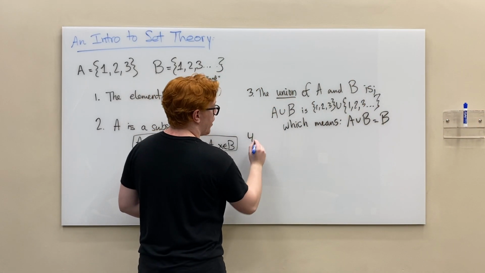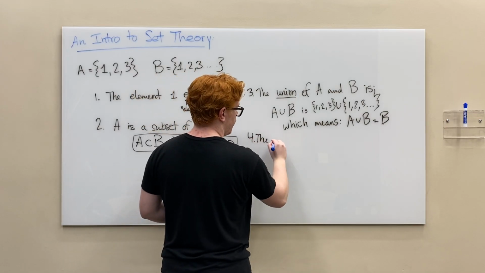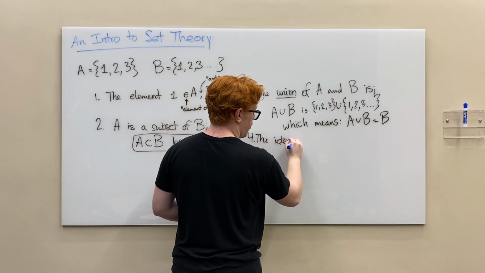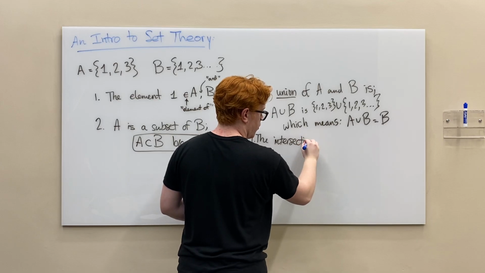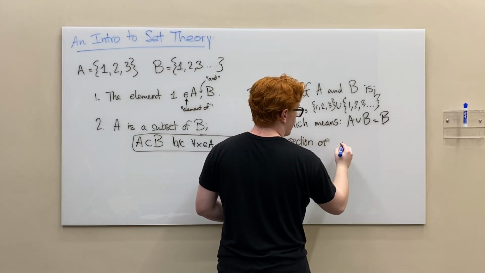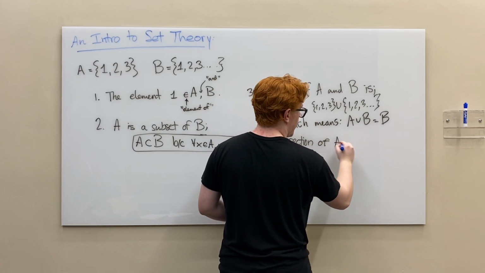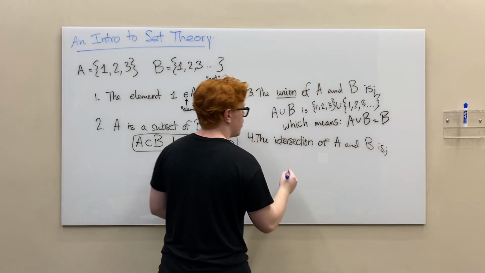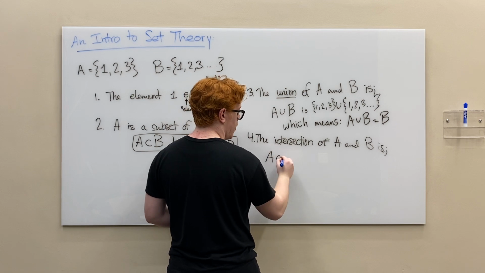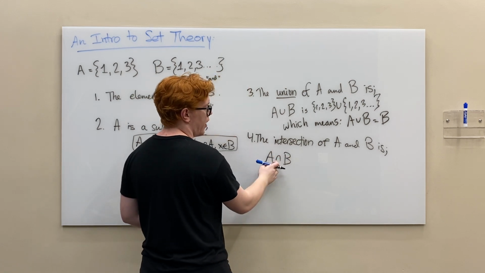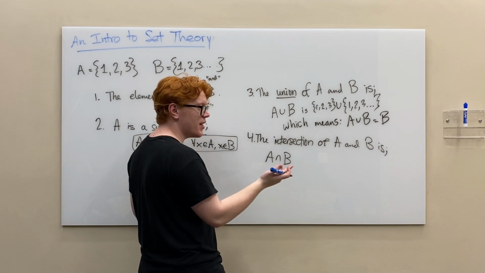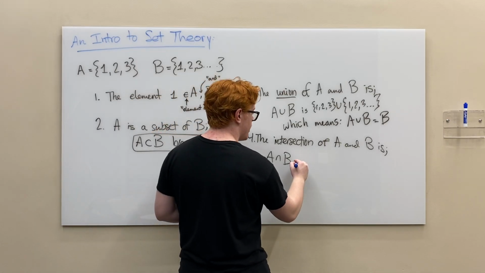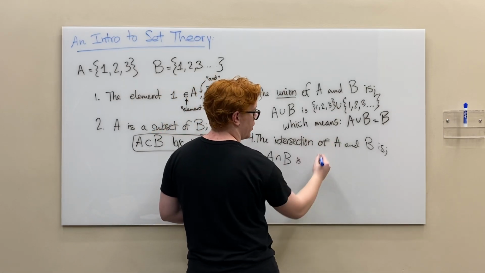Okay, and we'll explain what two sets being equal to each other means at the very end here. So I got one more. Okay, the intersection of A and B. We say A intersect B, or A cap B, again very interesting.